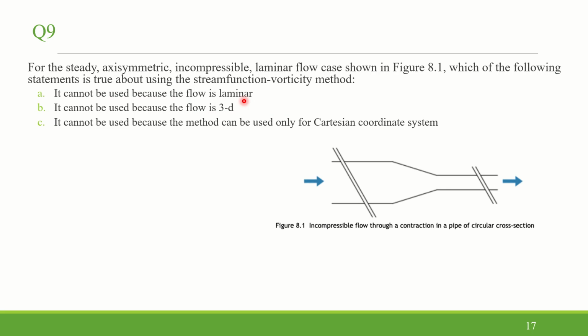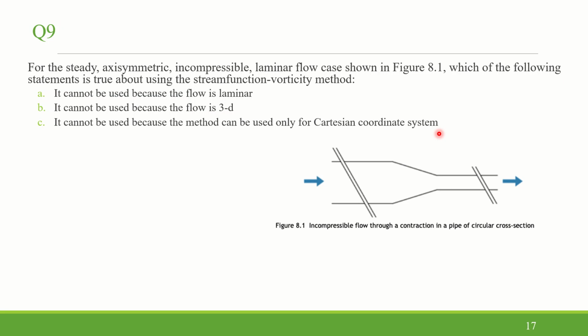As for the third statement, it cannot be used because the method can be used only for Cartesian coordinate system. So again, this statement is a false statement. The stream function vorticity method is mostly a two-dimensional approach, wherein we are introducing two variables, stream function and vorticity, and replacing the original variables in the system of equations and getting the solution.